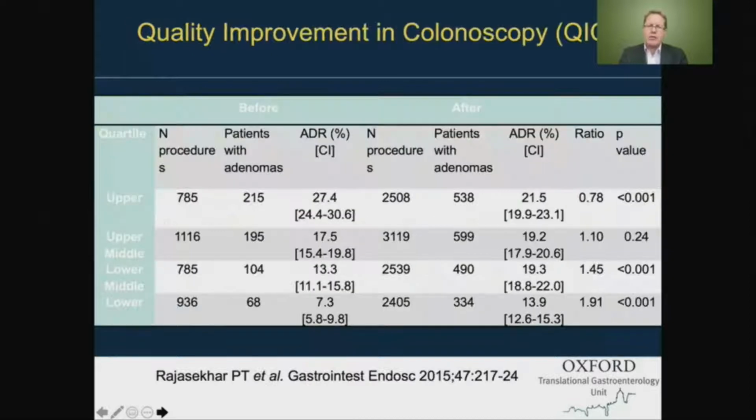So does this work for adenoma detection? And the answer is it doesn't work for all people, but it does work quite impressively for the poorer performers. And in fact, if you read the bottom line there, the adenoma detection rate before intervention was 7.3%, after intervention 13.9%, so an almost doubling of the adenoma detection rate.